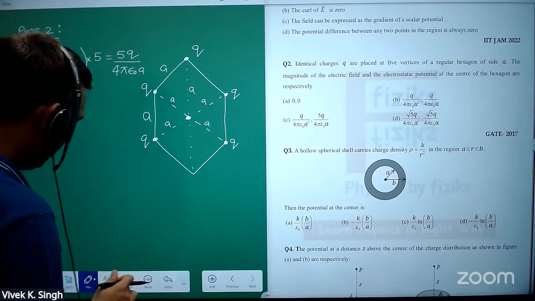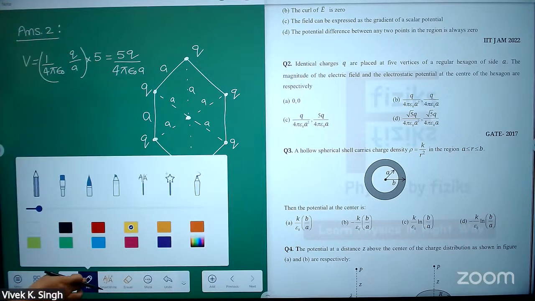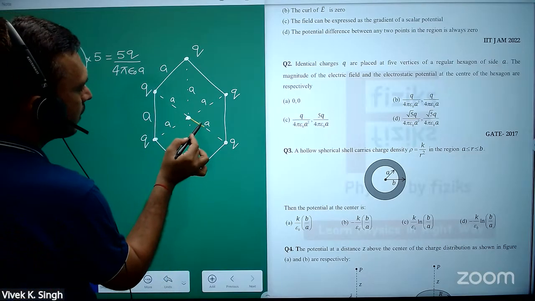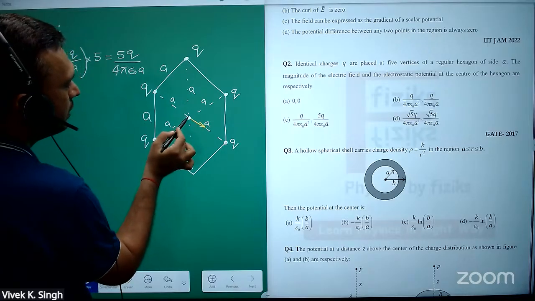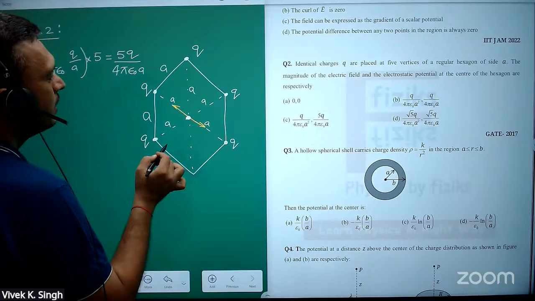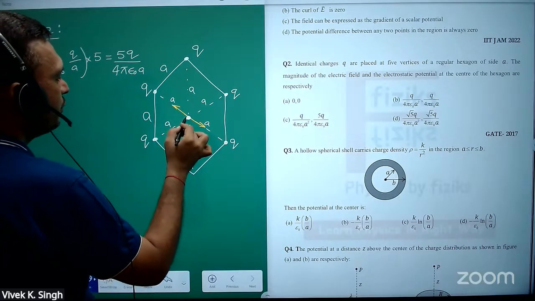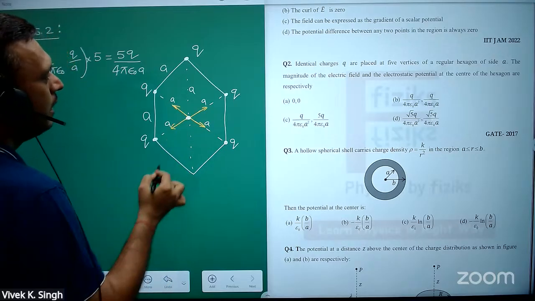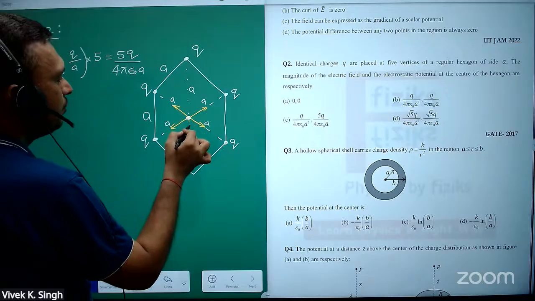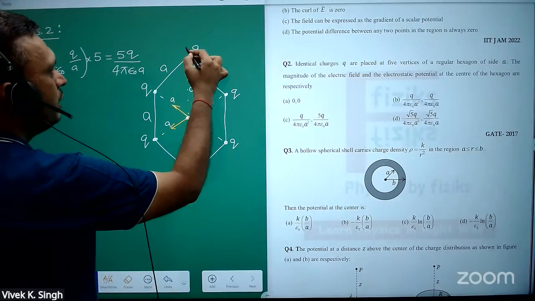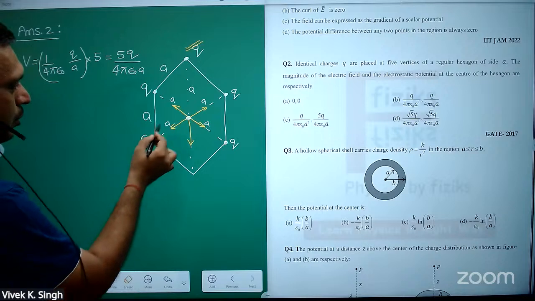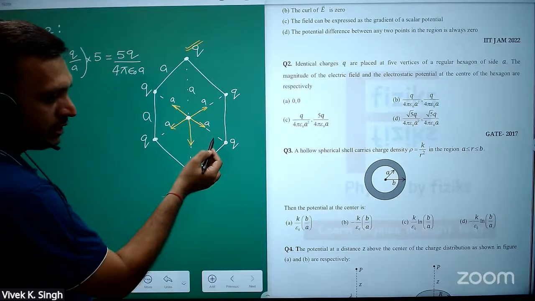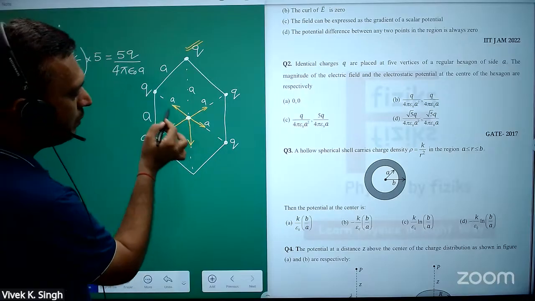And what about the electric field? For the electric field, you have to take the vector sum. The field due to this charge and the field due to the opposite charge are in opposite directions. You will get a field due to only this particular charge, because the other fields cancel each other since they are symmetrically placed and both are positive, so the field will be away from these charges.